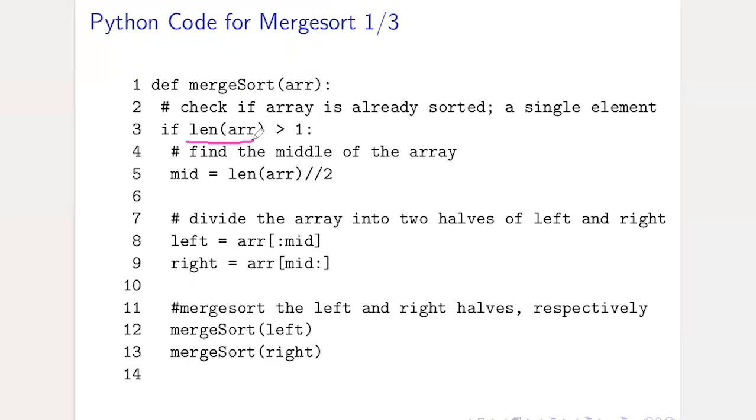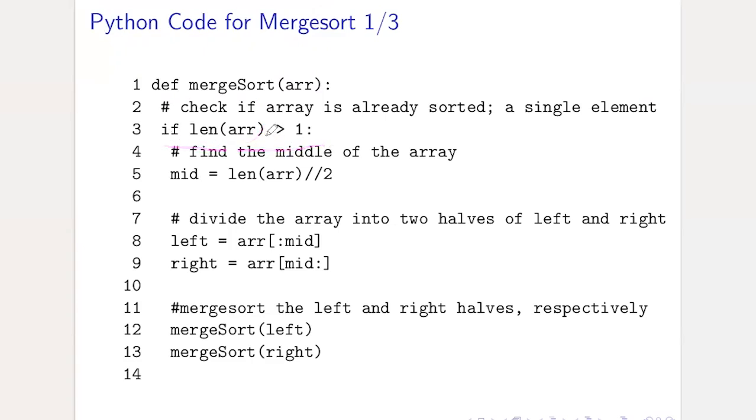If the array length is 1, then that is a sorted array. But if the array length is greater than 1, it is still not sorted. Maybe the values are in sorted order, but we can't consider it so. We haven't done the job yet. So that's why we check if it is greater than 1.